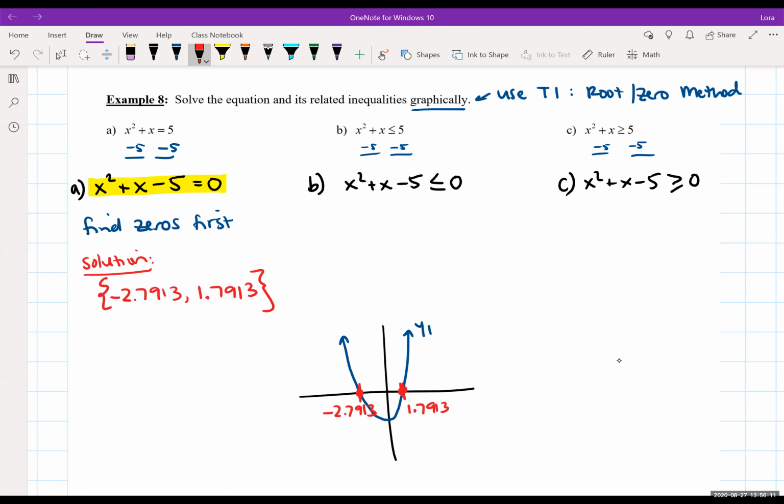So remember that the boundary points, or the zeros, are breaking the x-axis up into 3 different regions. The region before negative 2.7913, the region in between negative 2.7913 and 1.7913, and the region after 1.7913. So 3 different regions to consider.